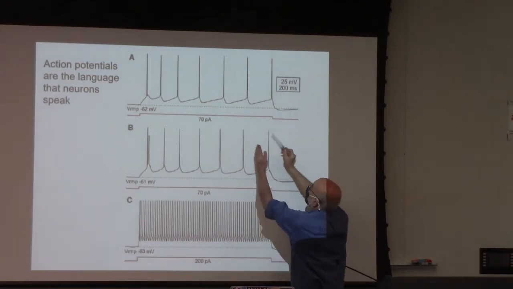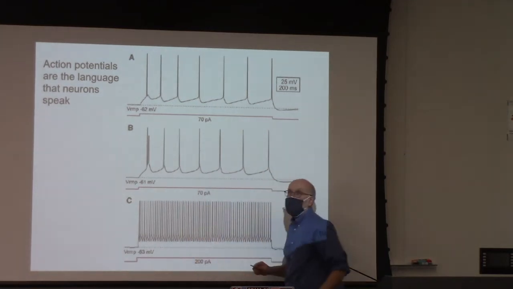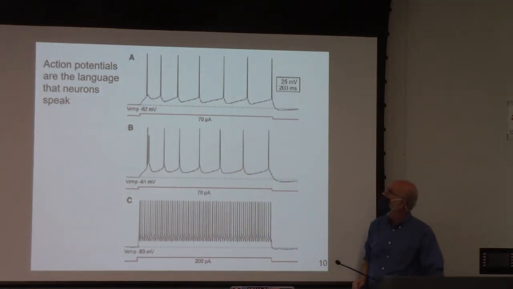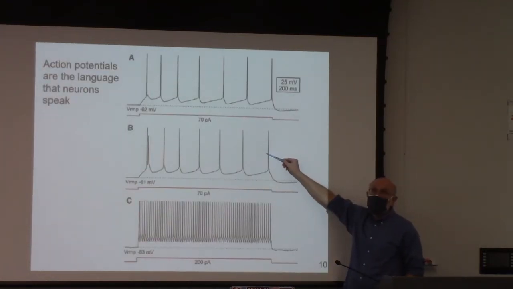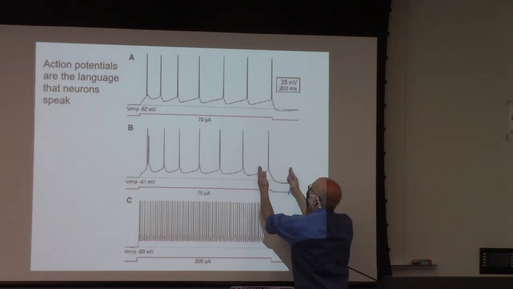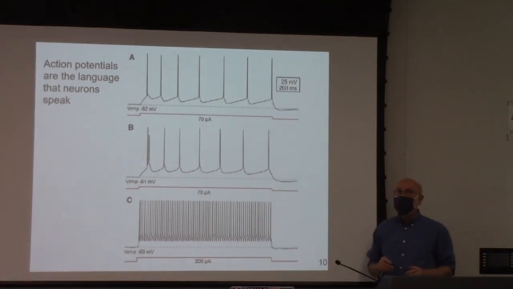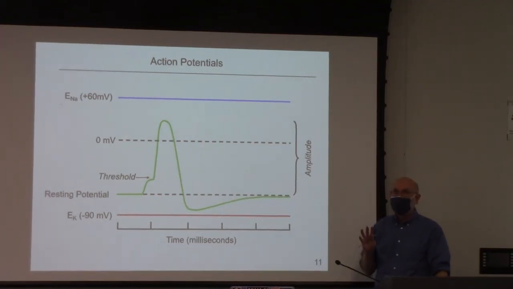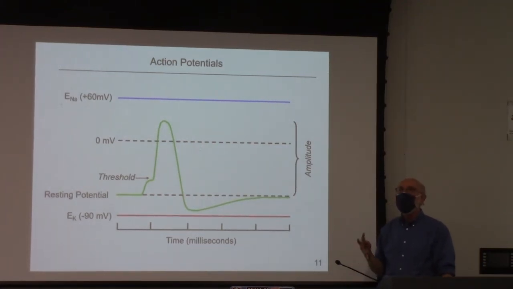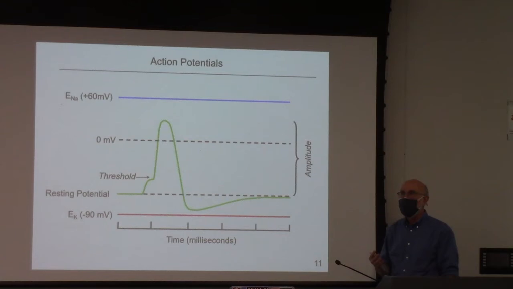So this is 200 times longer than this. And that's why on this scale, an action potential looks like a spike. But if we blow this up and look at it expanded on the time base, it looks like this. Okay? So they're the same thing on a very different time scale.